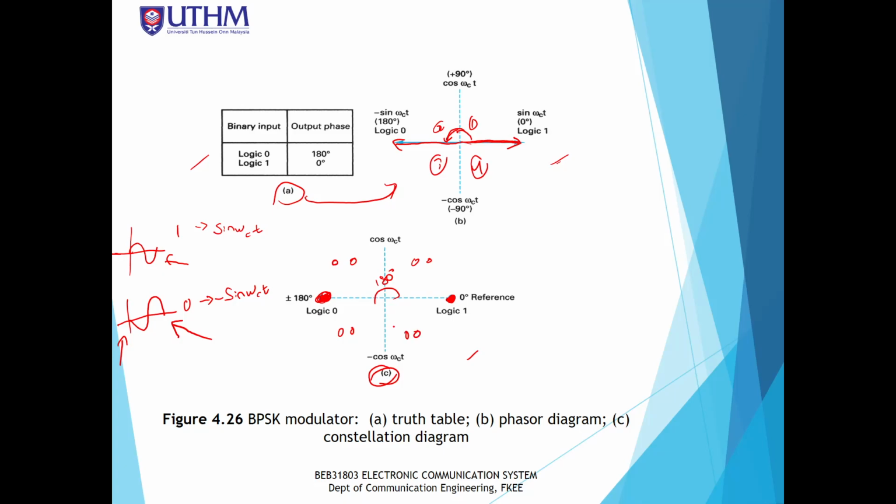The more dots, the higher the chances of having errors. So one usage of the constellation diagram is to see the distance between symbols. Remember, the closer the distance among each other, the higher the chances of error.